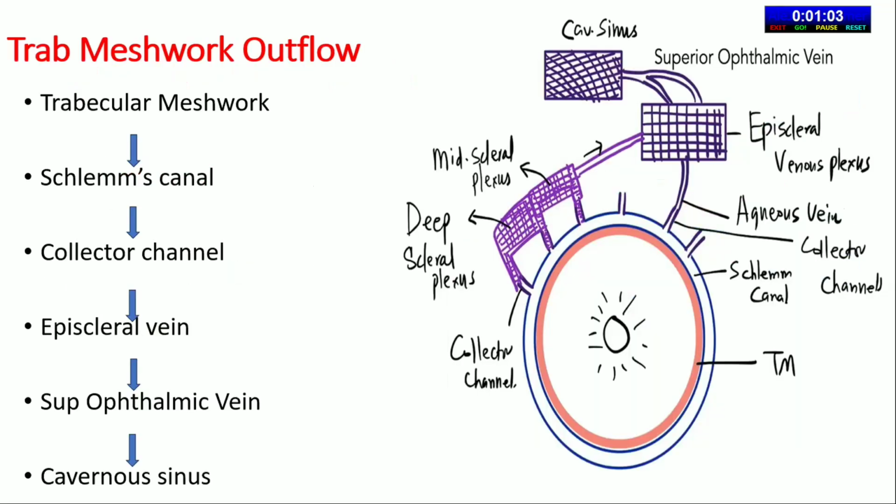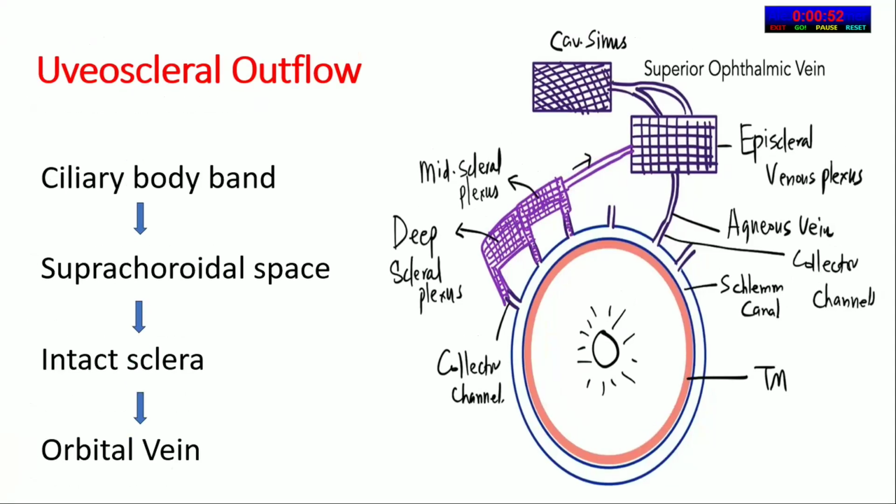So trabecular meshwork through the Schlemm's canal, collector channel, episcleral vein, and superior ophthalmic vein to the cavernous sinus, and uveoscleral outflow through the ciliary body band to the suprachoroidal space to the intact sclera, and orbital vein, ultimately draining to the cavernous sinus. Thank you. Thank you so much.